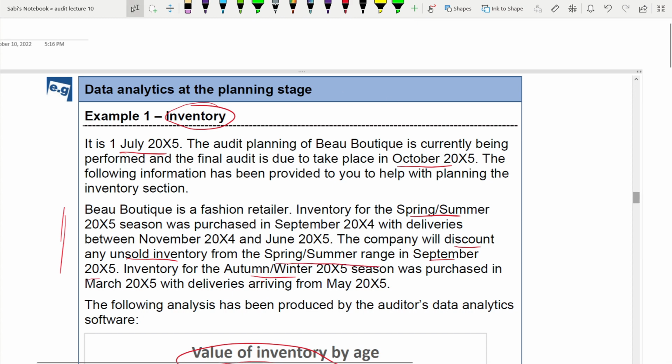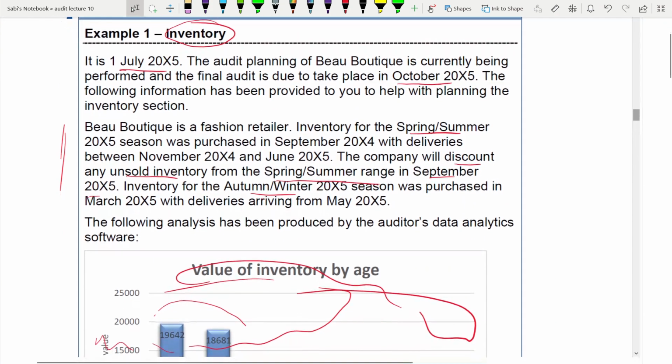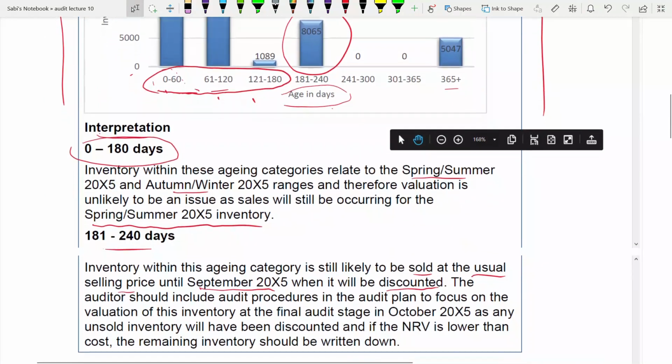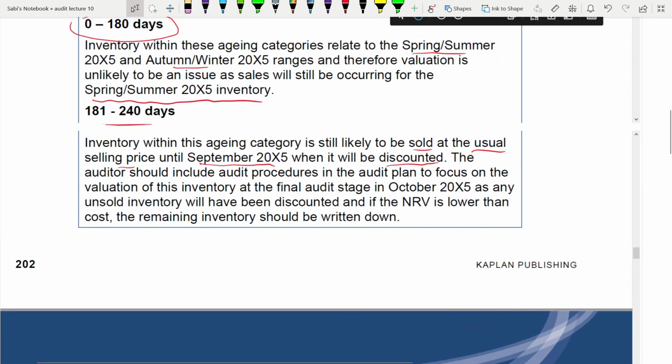That comes after 6 months, right? That's the reason. So here it will be likely to be sold at the usual price until it is discounted.